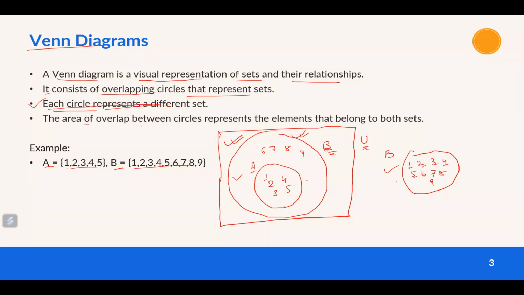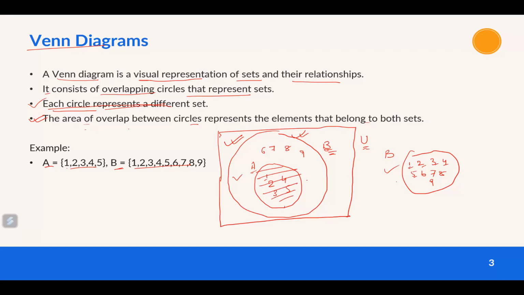The area of overlap between circles represents the elements that belong to both the sets. This is a very important point. So we have two circles, set A and set B. What is the overlap between these two sets? This is the overlap between these two sets, right?